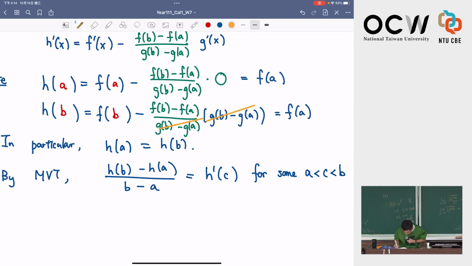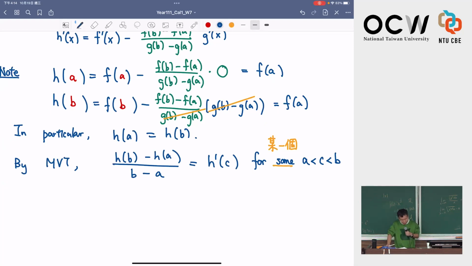Some of you asked me, what does "for some" mean? "For some" is different from "for all". Okay, English time. But because we know that h of a equals h of b, the numerator here becomes 0. So we have h prime of c is 0.